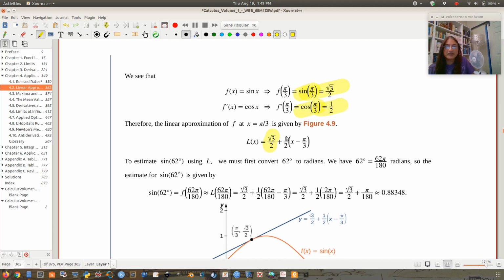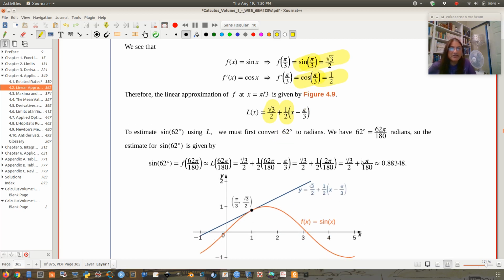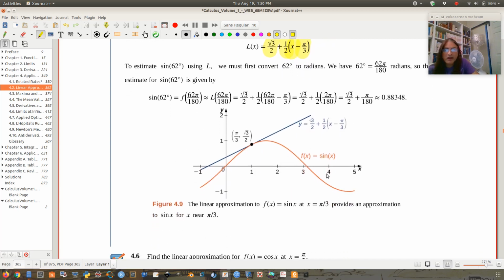Plug in sine and cosine, and then x minus pi over 3. So 62 degrees is 62 pi over 180, but we have to subtract pi over 3 from that, or just do 2 degrees. Plug that in and you find the approximation.